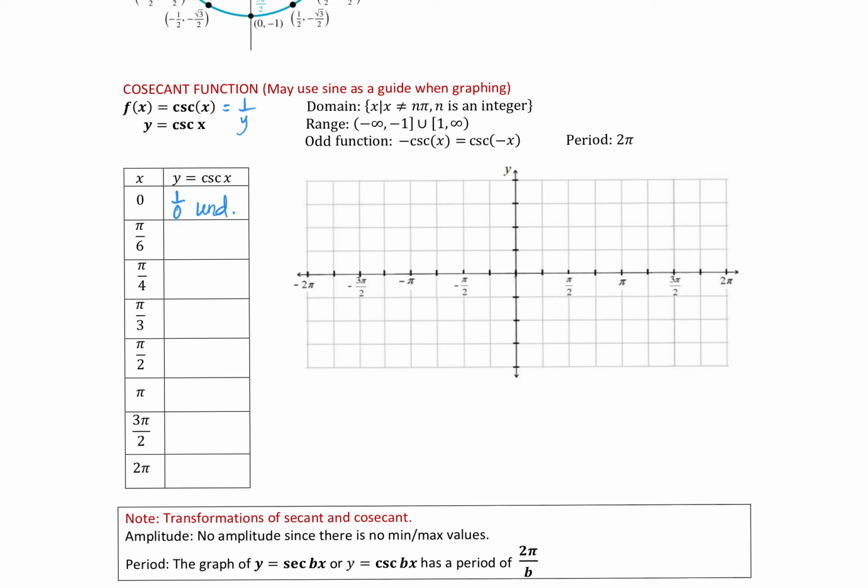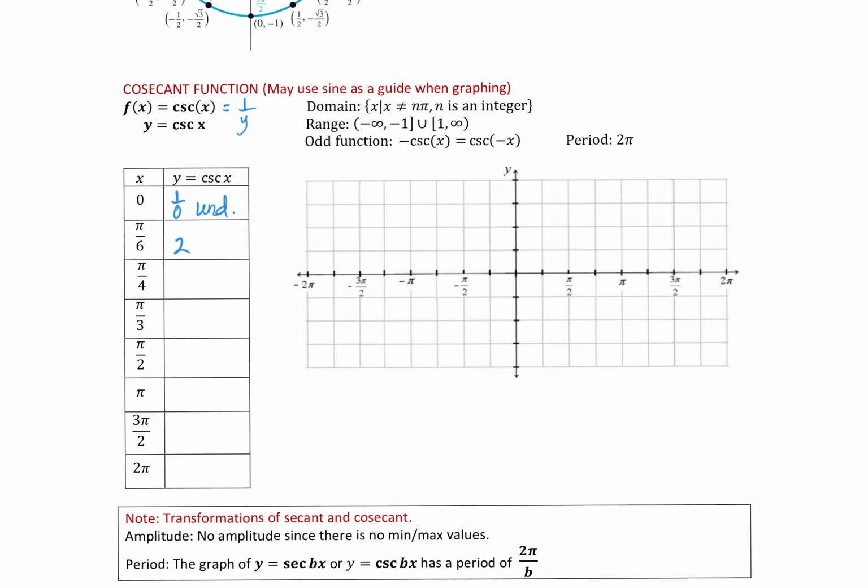So there's no value there because remember, cosecant is 1 over y or 1 over sine, and sine is 0 at 0. So cosecant of pi over 6 is the reciprocal of sine, or you could look at it as 1 over y. The y value is half. Reciprocal is going to be 2.